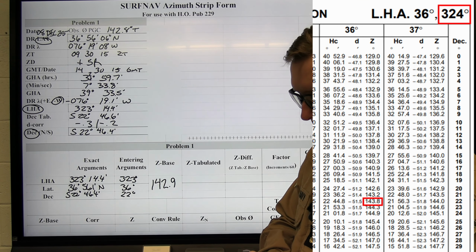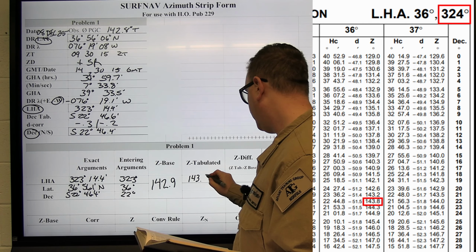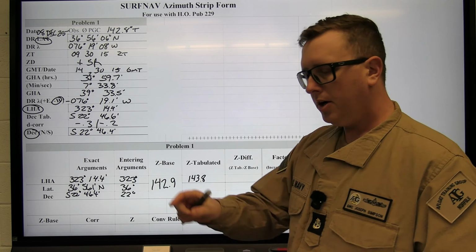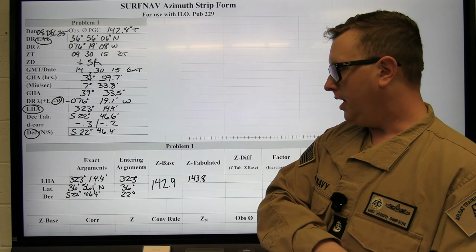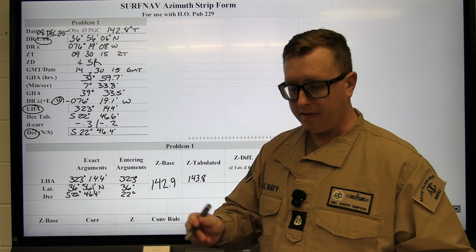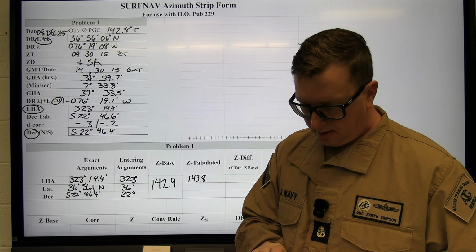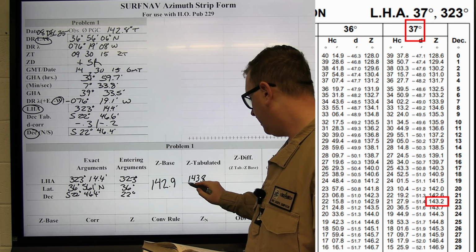We get 143.8. Go back to the LHA you just had. And now we're going to do the next highest latitude, which will be 37. Same page. Do 143.2.